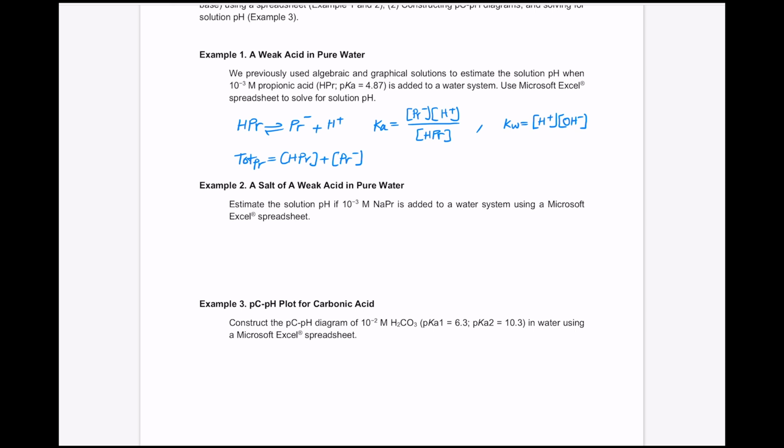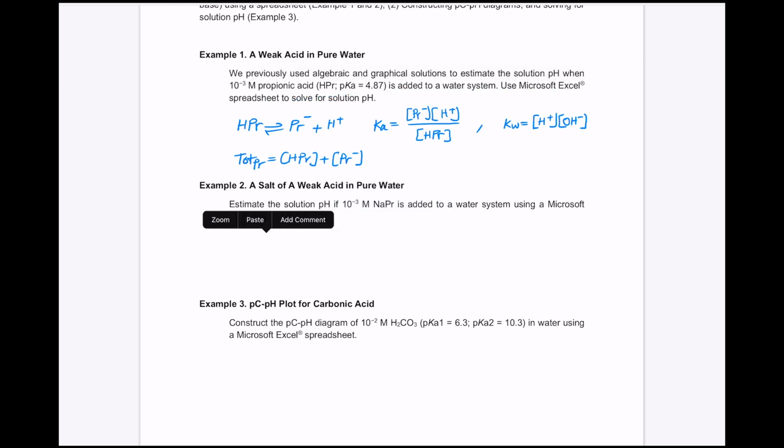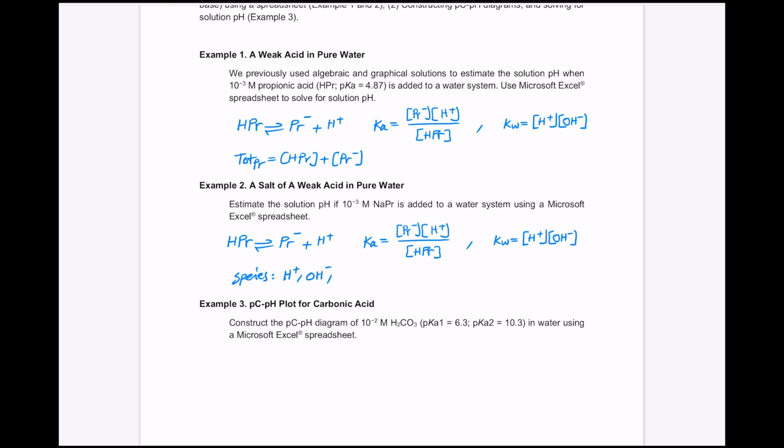The reaction would be basically the same as the first example. So we have all of these species with all of these chemical reactions. Nothing changed from that perspective. The only thing that is changing is the speciation. If we look at the species, in addition to what we had before, H plus, OH minus, HPR, and PR minus, this time we also have sodium ions.